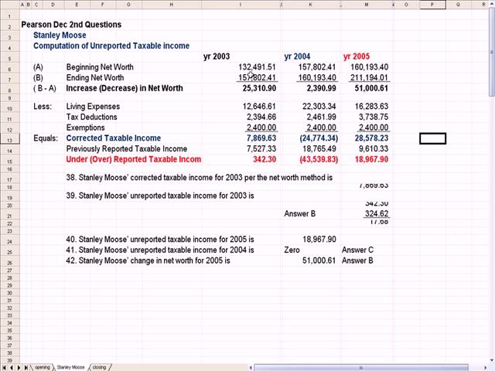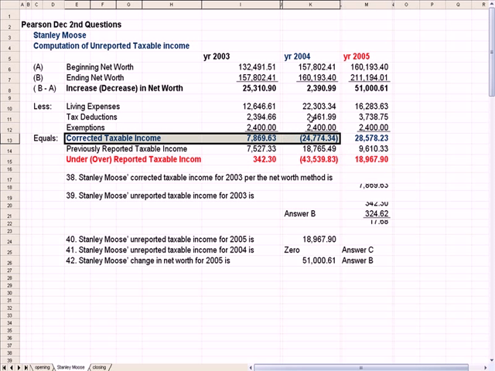Now it's possible to have what we have in 2004, where the person's net worth had just a small increase, $2,300. When we deduct off the living expenses, the deductions, and the exemptions, we end up with a negative amount of taxable income.